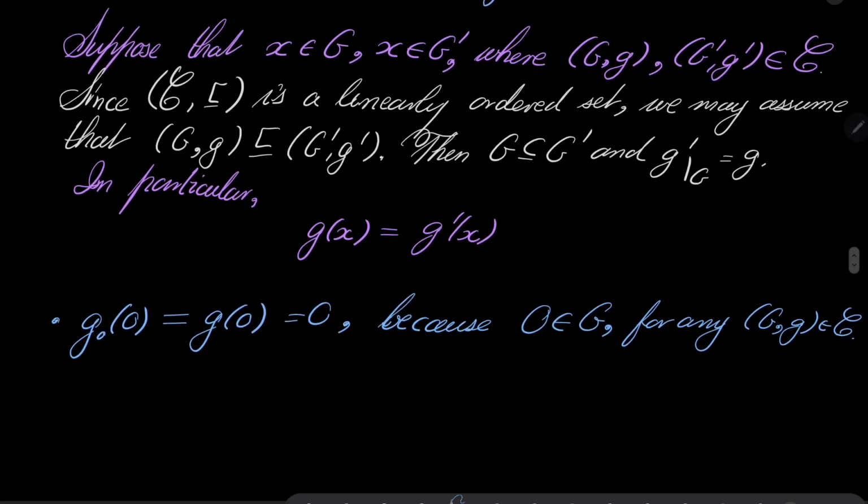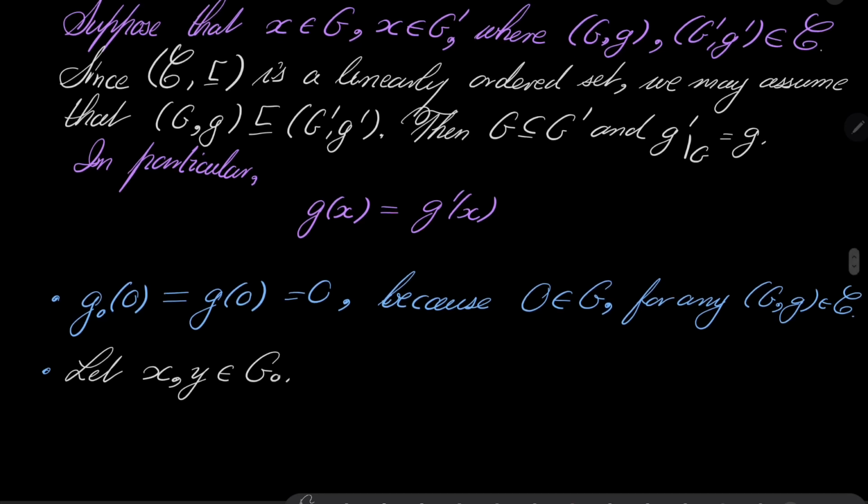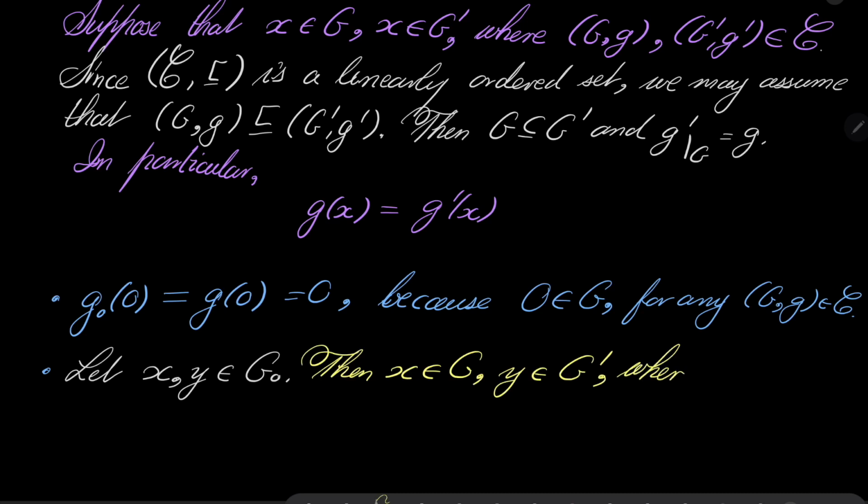And what about the sum of two elements? So now let X and Y be two elements of G0. Again, the same trick. Then X is in G, Y is in G prime, where G is in our chain, and G prime is in our chain.